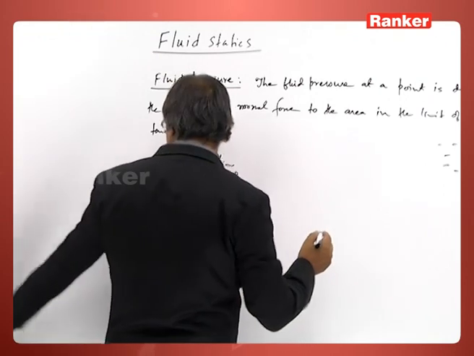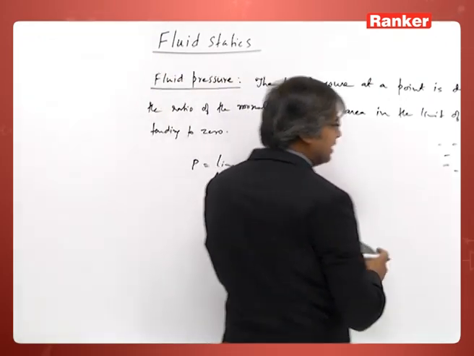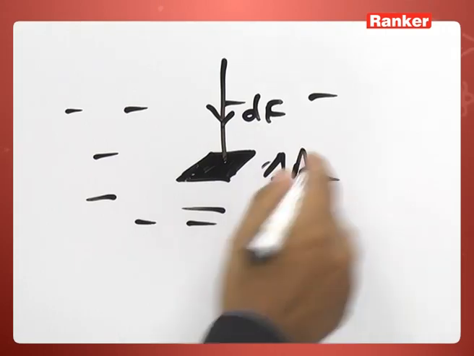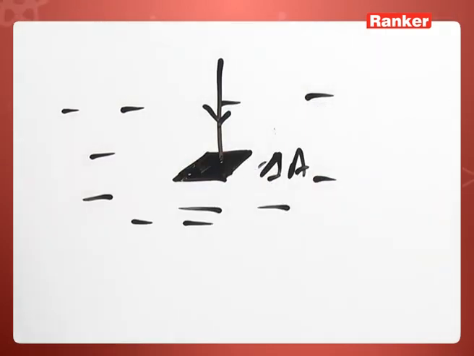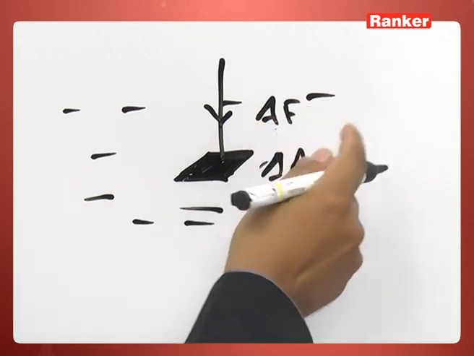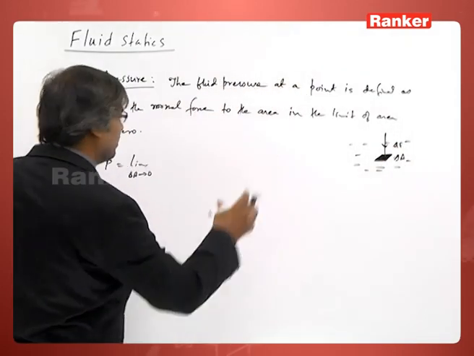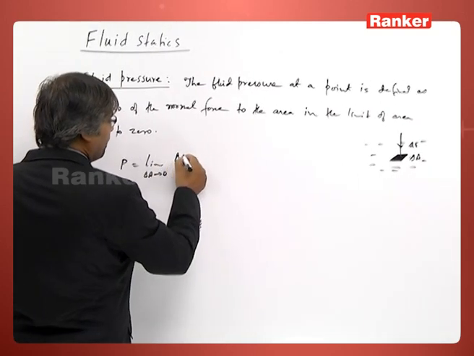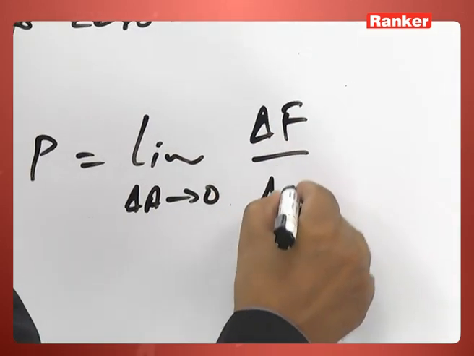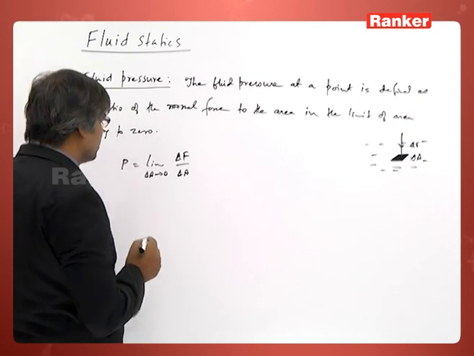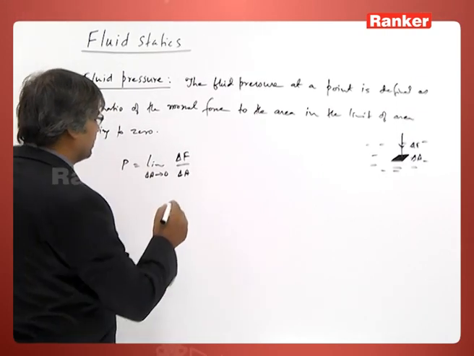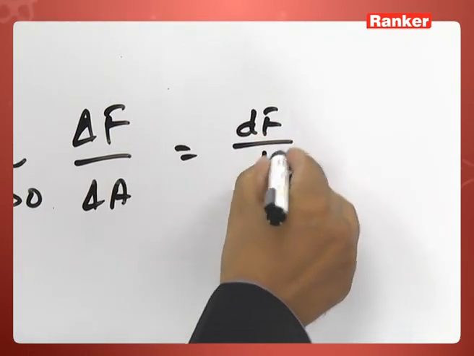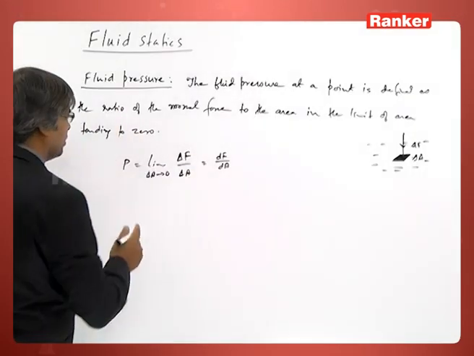Let us first define this not by dA, let us write it by delta A, and let us write the force by delta F. Previously I wrote dF, let it be delta F. Now I am taking the limit, so it will become delta F by delta A. We can also write this as dF by dA, but this is the basic definition.